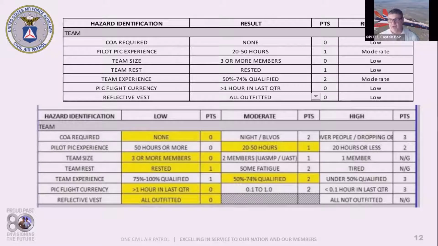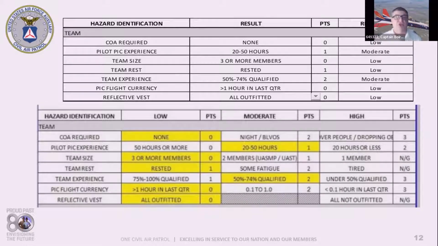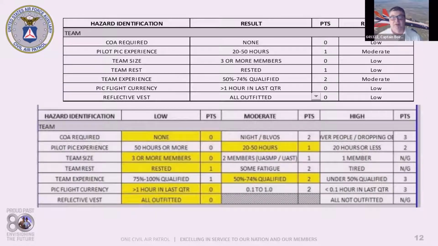But if you are under 50% qualified, which means you have 2 technicians and 1 pilot, and 2 out of the 3 of you are not fully qualified, then you just get a score of 3. And yes, it's going to be a high risk, but again, depending on the purpose for it, that's why we're not giving it a no-go. We're just saying it's a high risk. Depending on the purpose, that's going to be an acceptable risk.